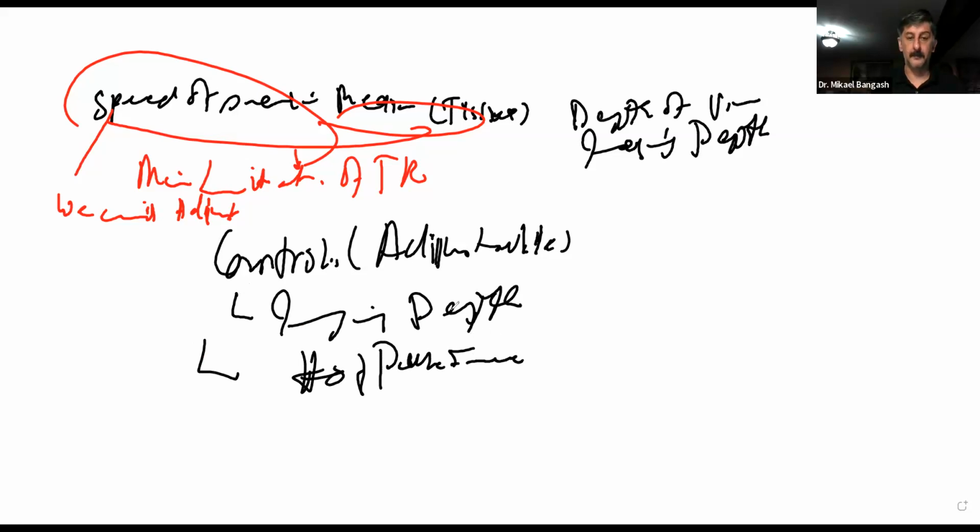Imaging depth is controlled by the depth knob. The number of pulses can be controlled by three different things: the number of focal points, the sector size, and the line density.